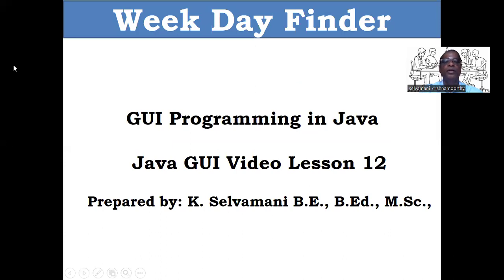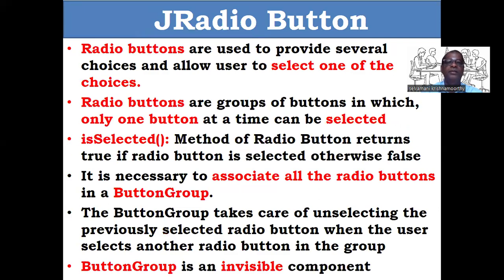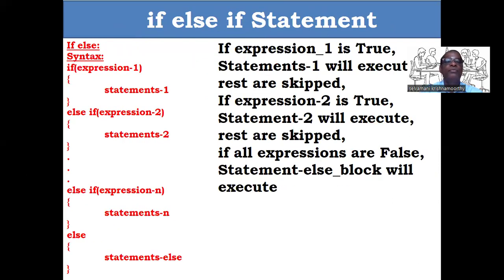Good. GUI programming in Java, Java GUI video lesson number 12. Before proceeding to today's weekday finder application, let us study if else if and then the radio button. This radio button we already studied. Anyway, we can recap. There are two statements: one is if else, another one is if else if.